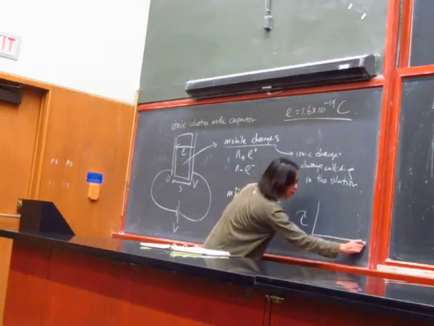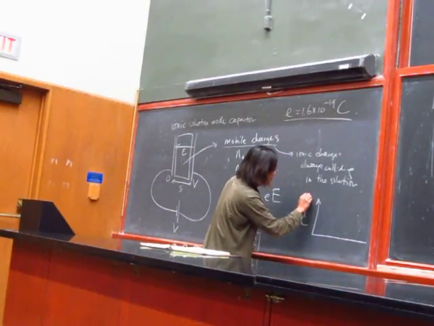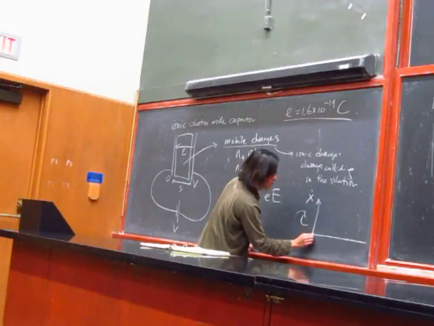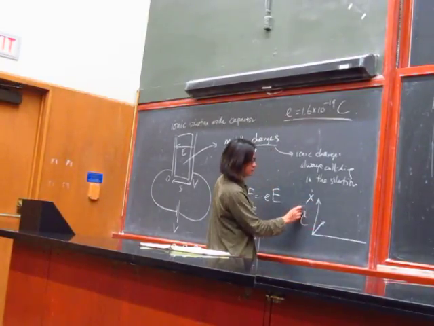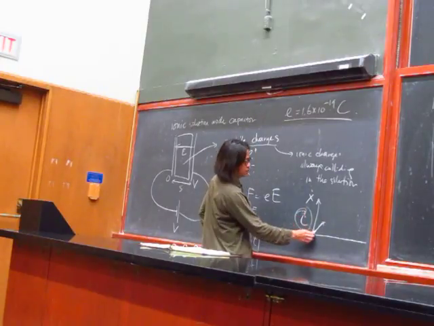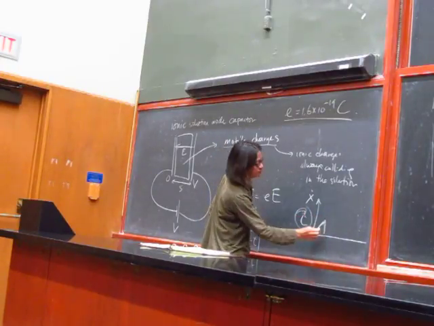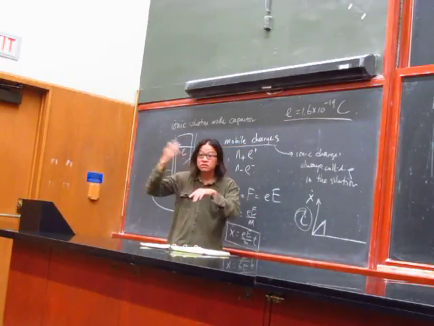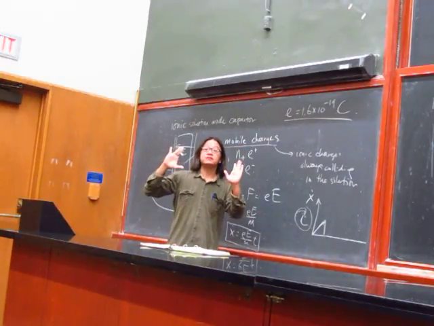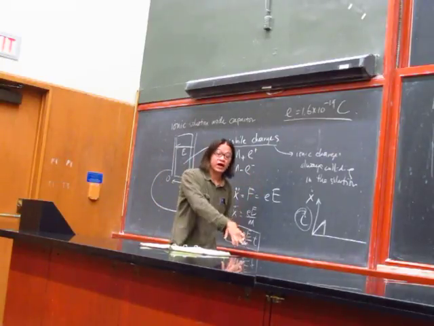As I showed last time, it acquires this velocity over time, and then it gets scattered in any direction. So on average, after the scattering, it forgets what happened before.